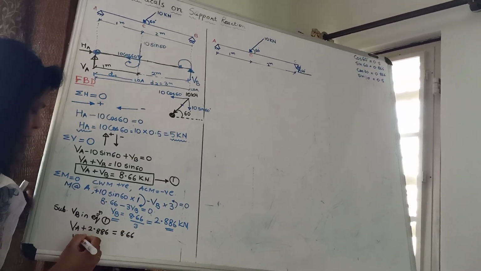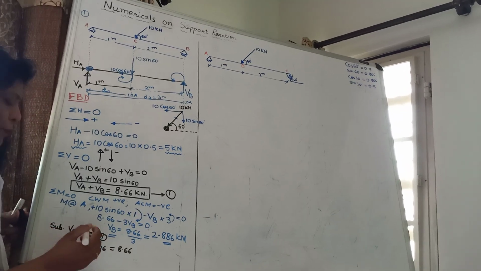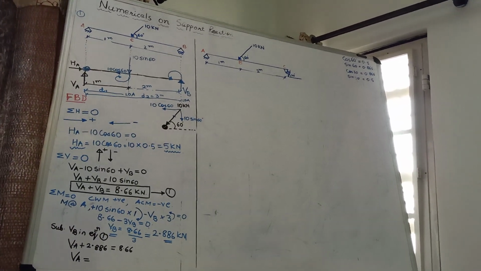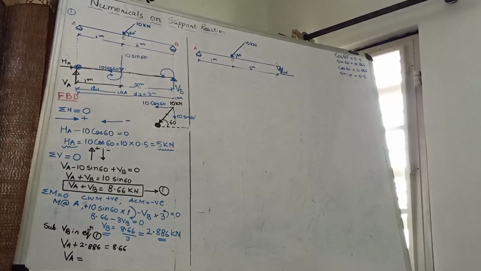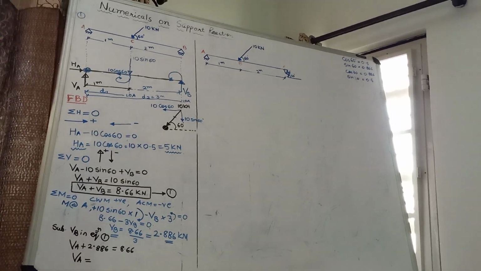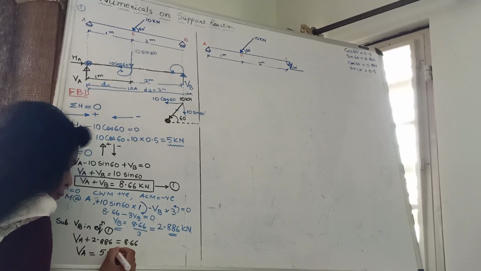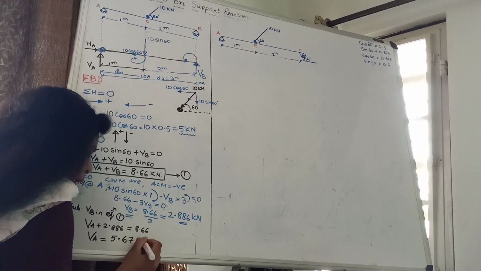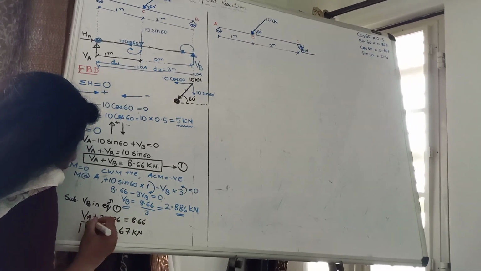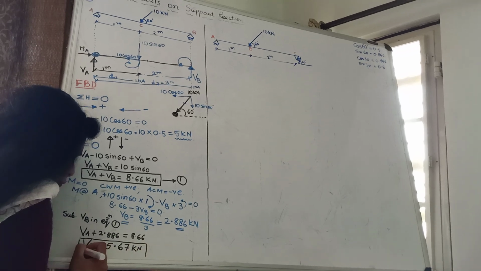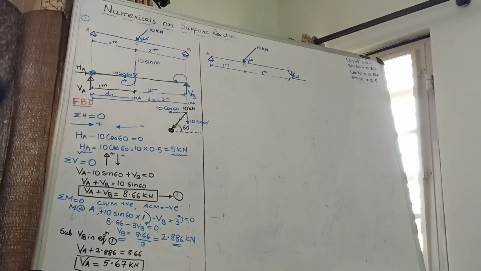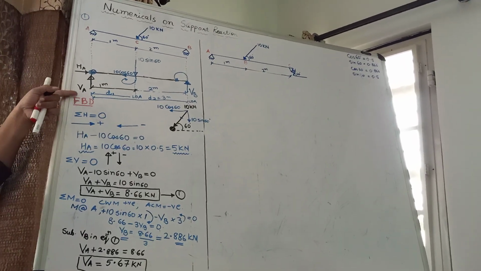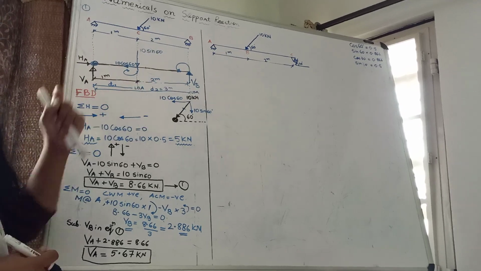So we get the answer VA is equal to 8.66 minus 2.886, which comes out to be 5.77 kilonewton. So 5.77 kilonewton is the answer. Thus we have found out the 3 support reactions in the problem, that is VA, HA and VB.